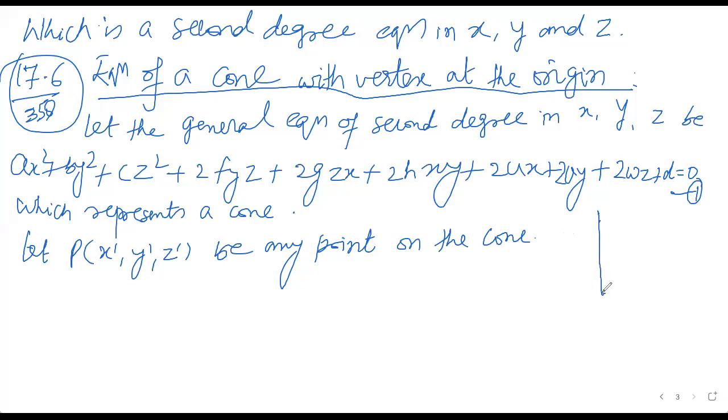Suppose you have this is the origin and it is some cone, so I can take this P I am taking on the cone (x', y', z'), so I can find the equation of this generator OP. यह कोन पर है तो PO will be what? It will be the generator.